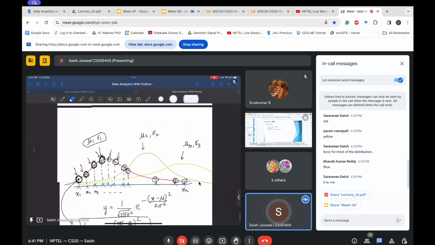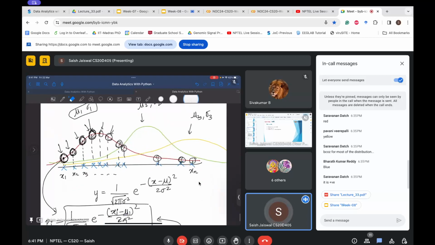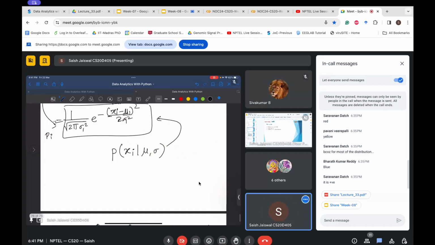If you see the values with respect to the red curve, the green curve and the yellow curve, the product of all these values on the red curve will definitely be higher compared to the products of values with respect to the green curve or yellow curve for these given data points. So that's the intuition behind it.